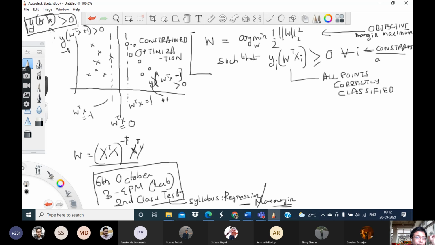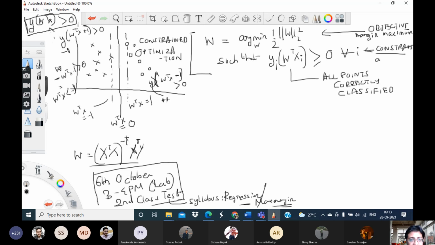Which Y to call minus 1 and which Y to call plus 1 is up to me. So if I write this, then if Y is equal to minus 1, this becomes minus W transpose X minus 1 is greater than 0, or W transpose X is less than minus 1.